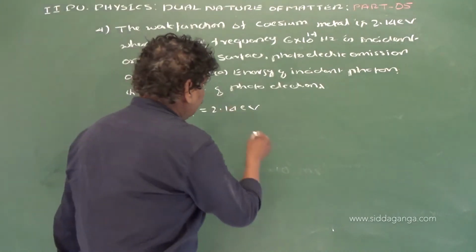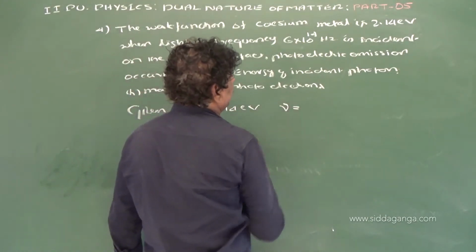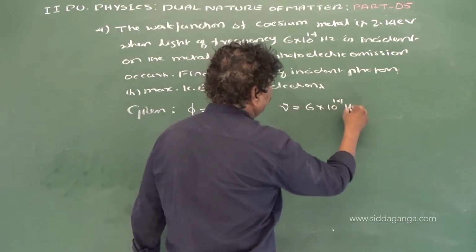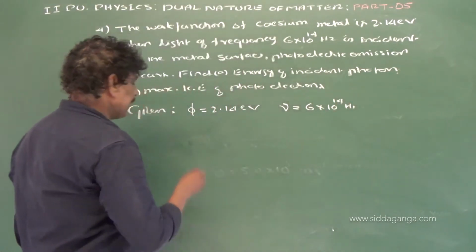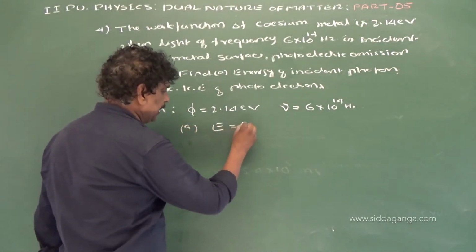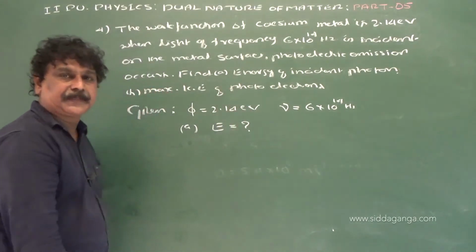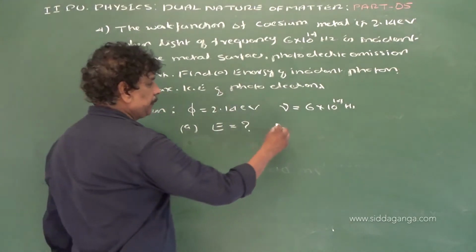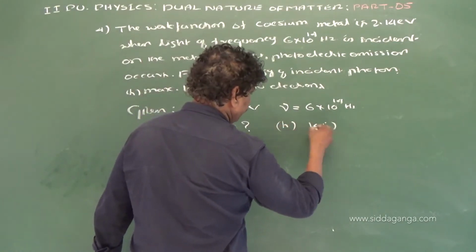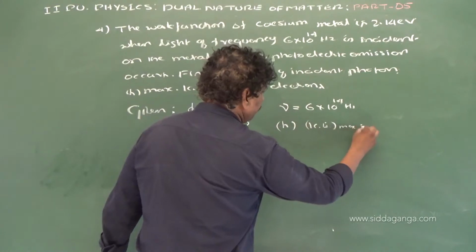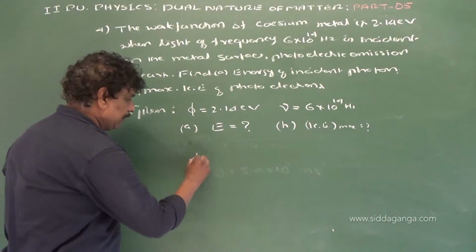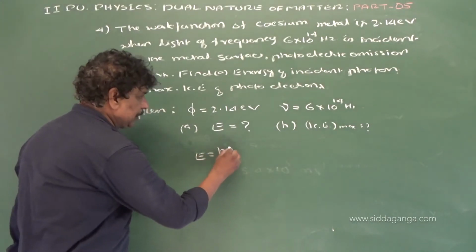Now the frequency of incident radiation nu is equal to 6 into 10 raised to the power of 14 hertz. Now we need to calculate A, the energy of photon E, and B, the kinetic energy maximum.